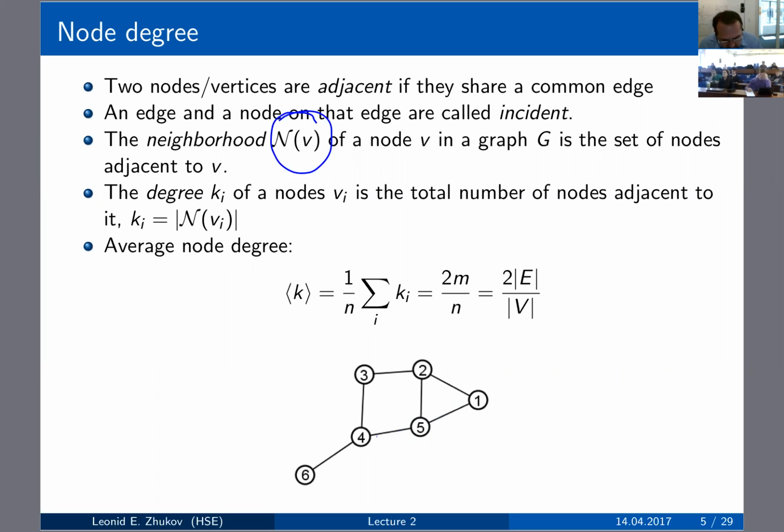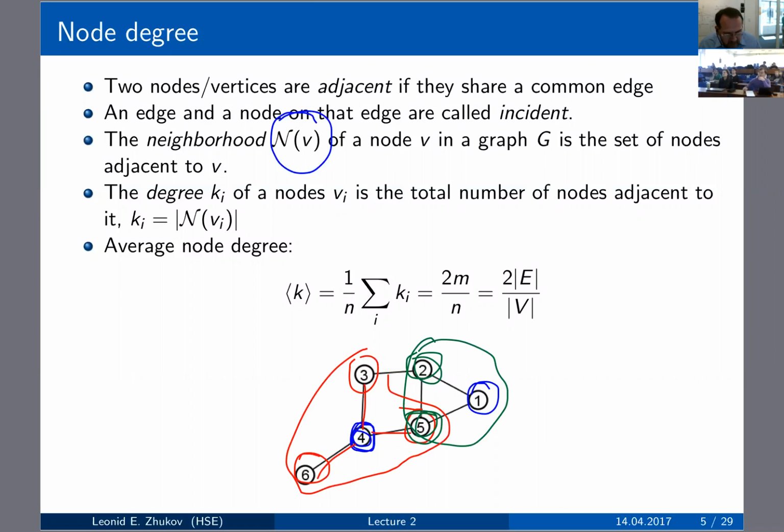If we take node number 4, for example, then the neighborhood of this node will be nodes 6, 5, and 3. If I take node 1, the neighborhood for node 1 will be nodes 5 and 2. And this is the neighborhood for node 5.